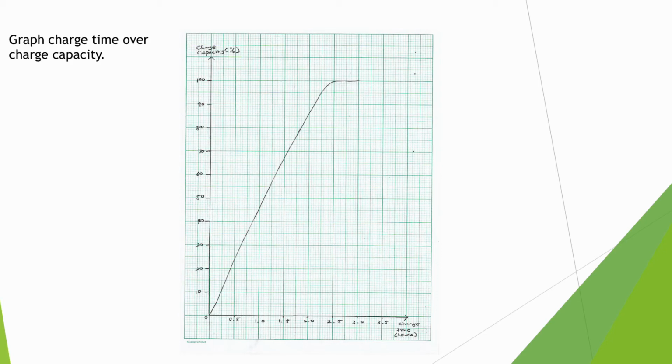This graph was made using data while I charged my Oppo smartphone. So it takes 2.5 hours to get to 100%, fully charged.